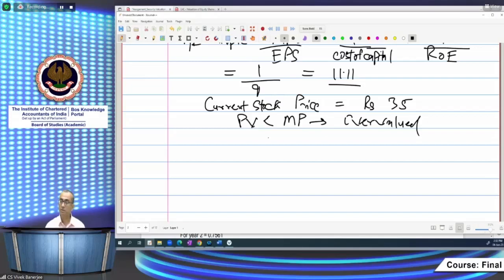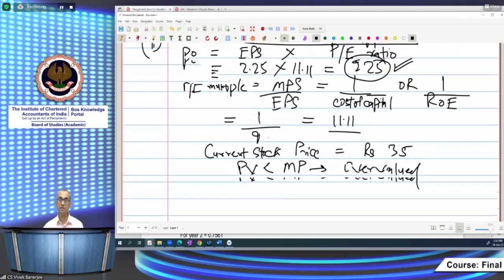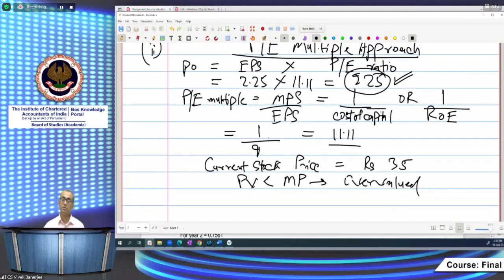Now, one thing which may be coming into your mind is why this price earning multiple is taken as one by return on equity, instead of one by cost of capital. Actually, in this question, it is assumed that the company is utilizing its earnings in profitable growth opportunities, meaning the company is not declaring dividend.